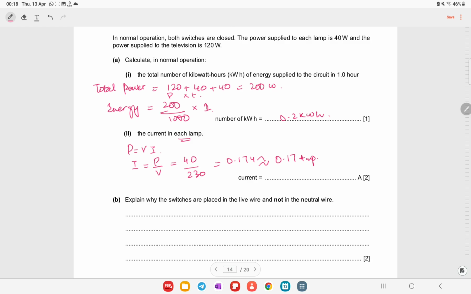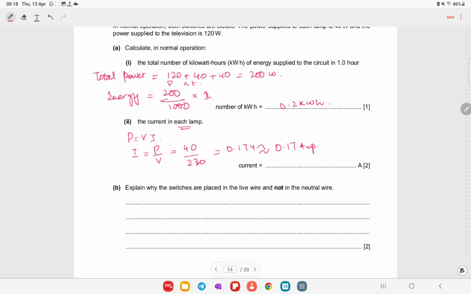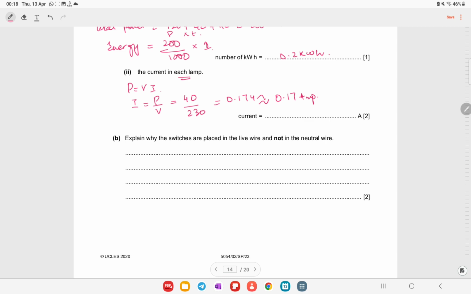Explain why the switches are placed in the live wires and not in the neutral wire. One reason is isolation, to isolate the appliances from high voltage or current.